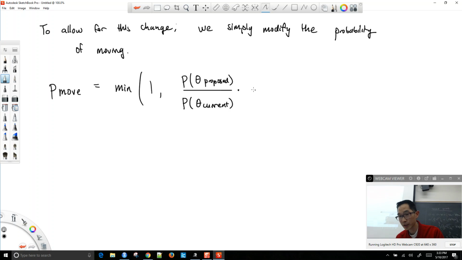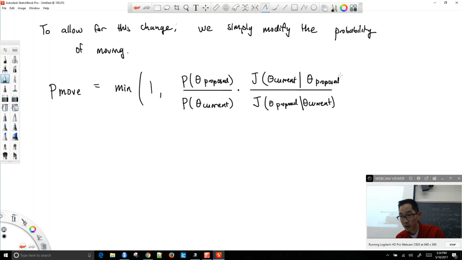Basically, we're going to divide this by the jump distribution of going from theta proposed, getting theta proposed given theta current, times, and it's effectively theta current given theta proposed.